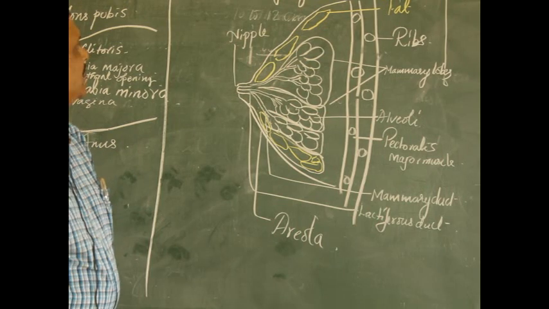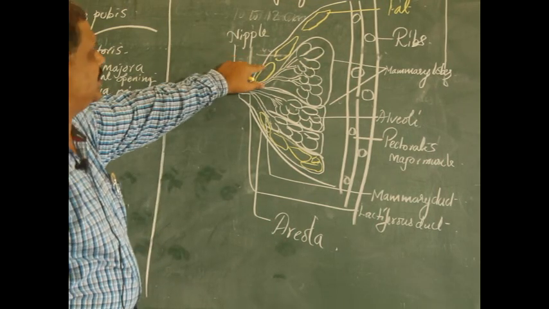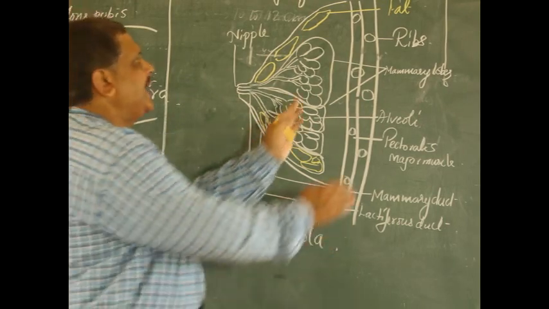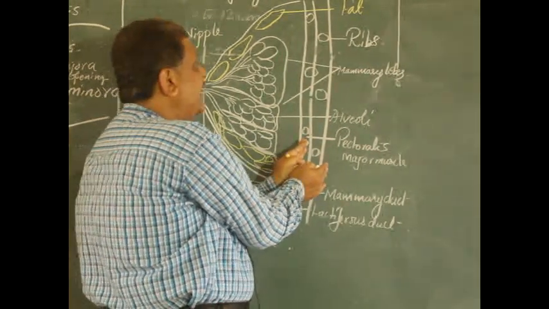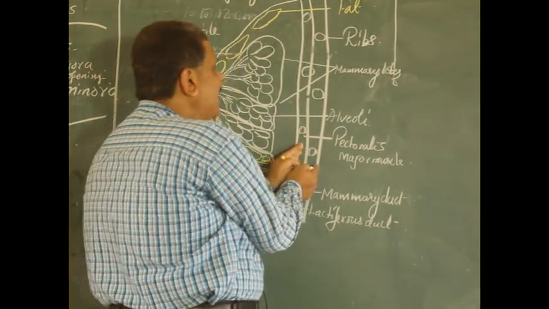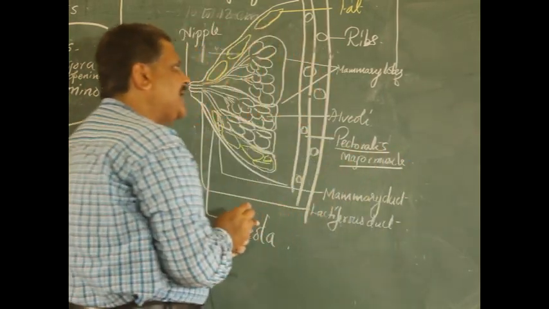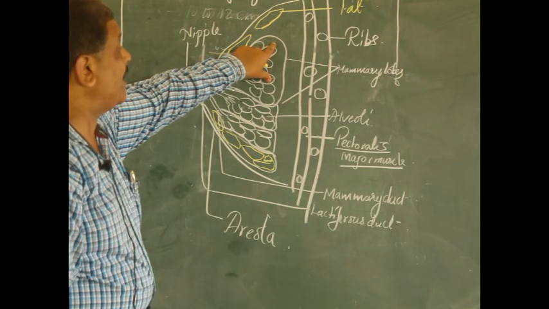So, dear students, this mammary gland consists of the outer fatty tissue which gives protection. At the back side, the thoracic rib cage will be there. Ribs will give the protection, and here the pectoralis major muscles will be there, and there are 15 to 20 mammary lobes.